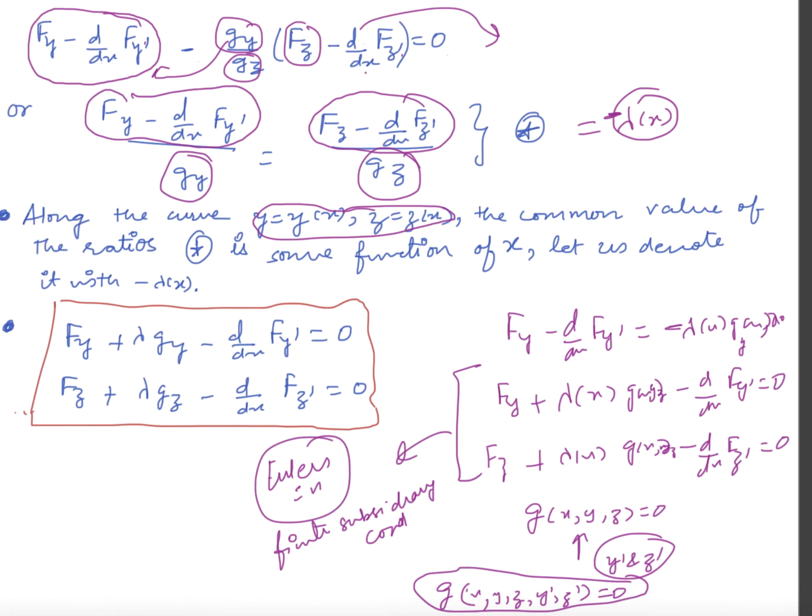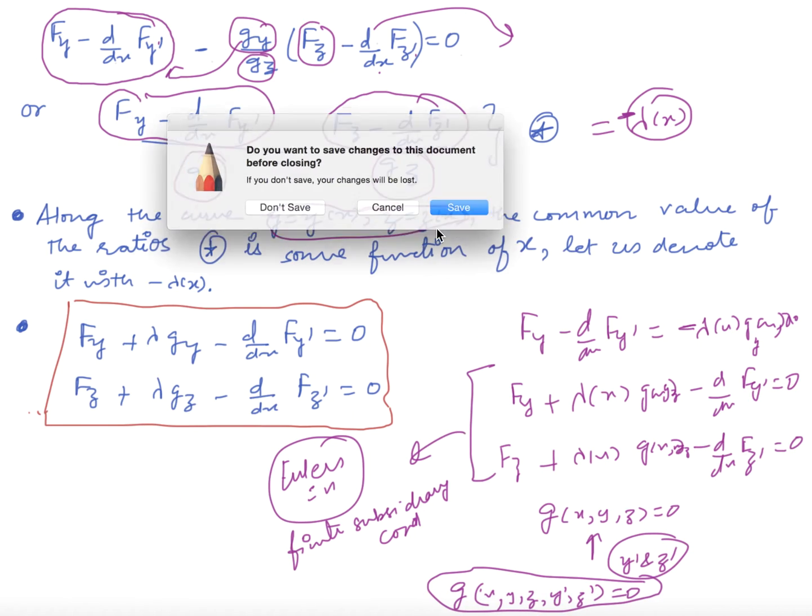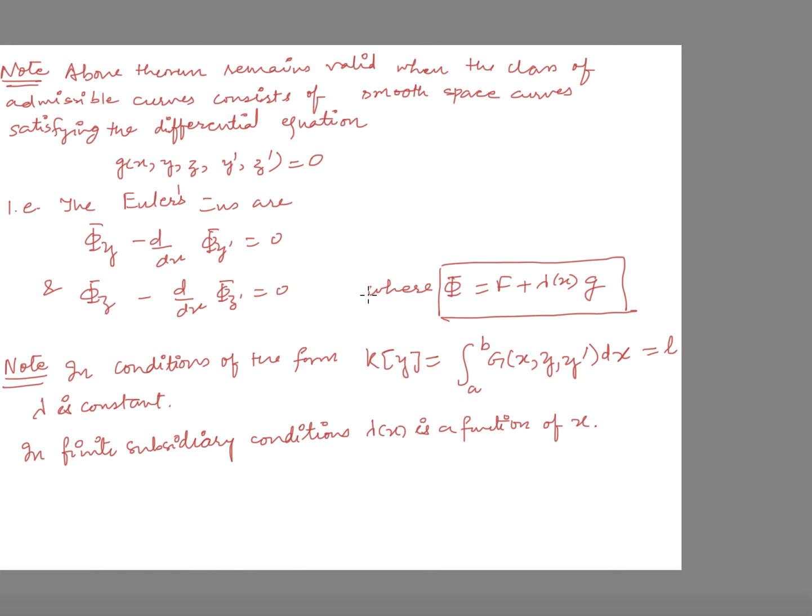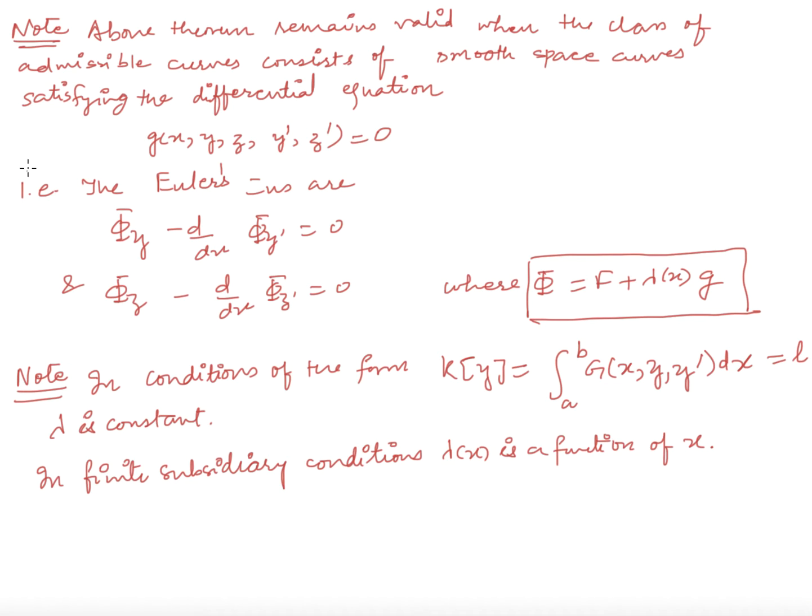We have written this in the next slide. You can see. Suppose your subsidiary condition is of this form, then also you have to form another function phi, which is f plus lambda x times g of x, y, z. Now this contains y dash, z dash, right?